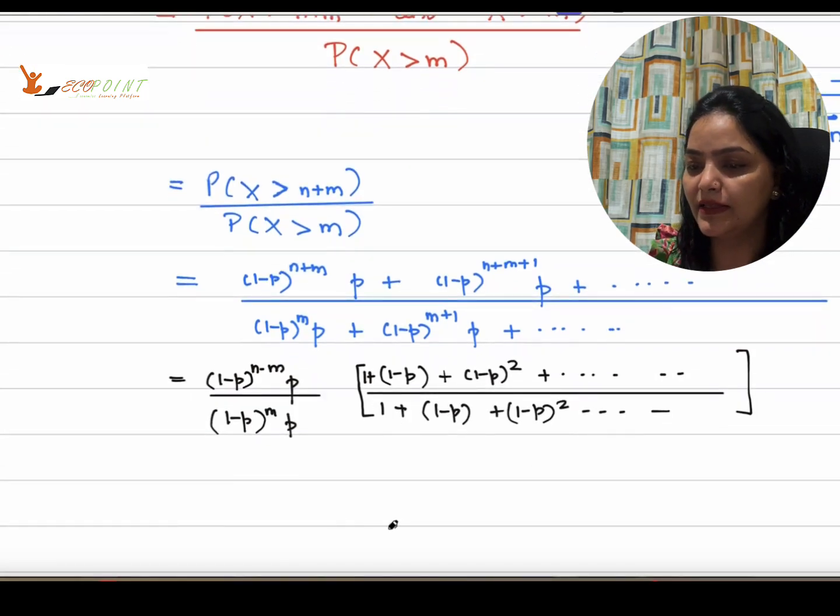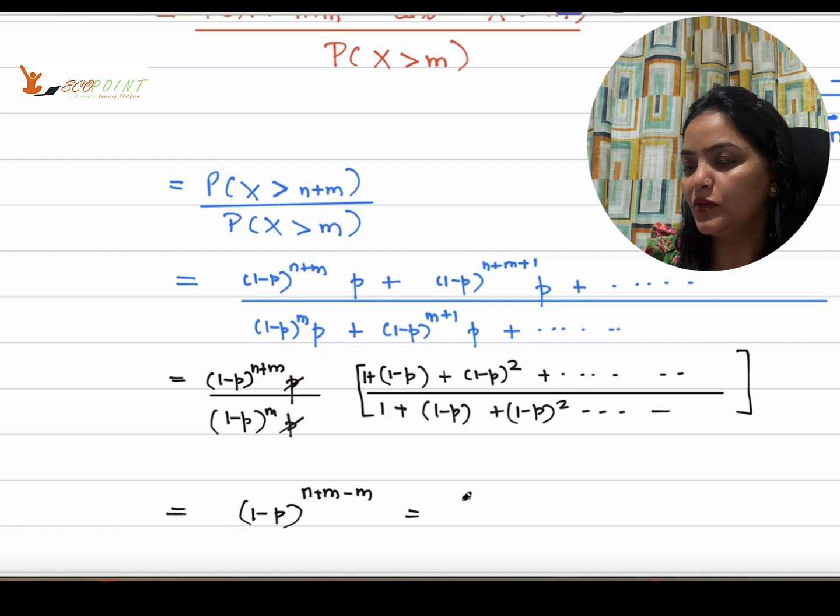Actually, this all cancels out, and this p also cancels out. Here you have the same base, 1 minus p, power n plus m, and here minus m, because it's in the denominator. So what you get is (1 minus p) to the power n.